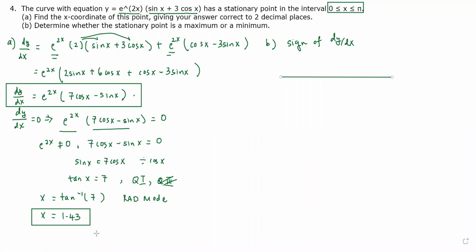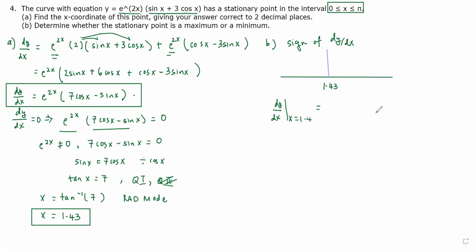So for this case here, we have the stationary point at 1.43. We only need to look at the sign of dy/dx to the left of 1.43 and to the right of 1.43. To the left of 1.43, we can let x be 1.4. So we can find the value of dy/dx at x equals 1.4.